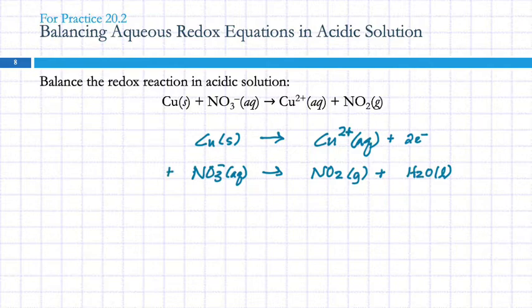So we're going to balance that with 2 hydrogen ions over here. Now I have 0 charge on the right, and I have plus 2 and minus 1. I have a total of plus 1 on the left. So here I'm going to need just 1 electron to balance the charge.